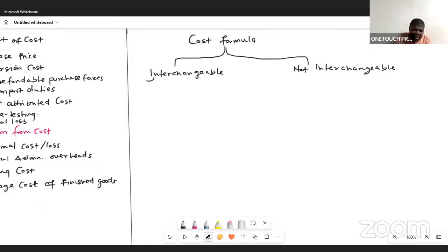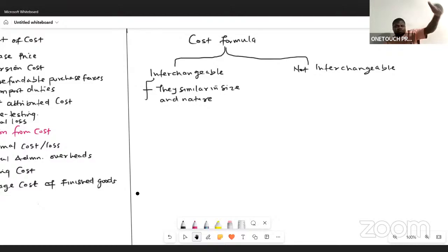If it is interchangeable, what it means is that they are similar in size and nature. They are similar in such a way that you cannot identify the one you bought yesterday and separate it from the ones you bought today.